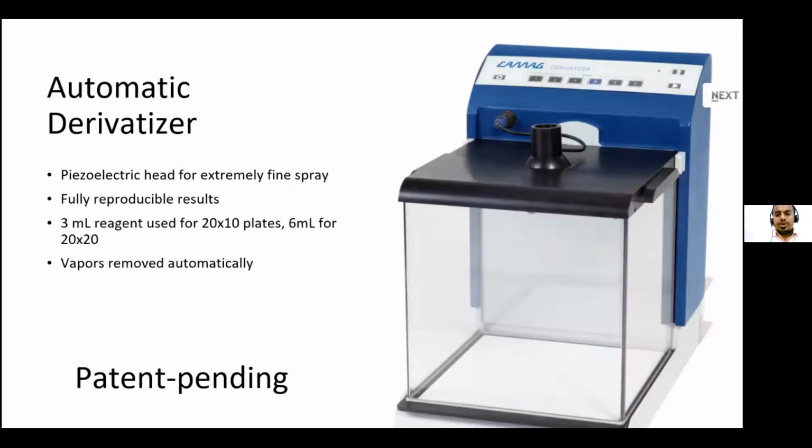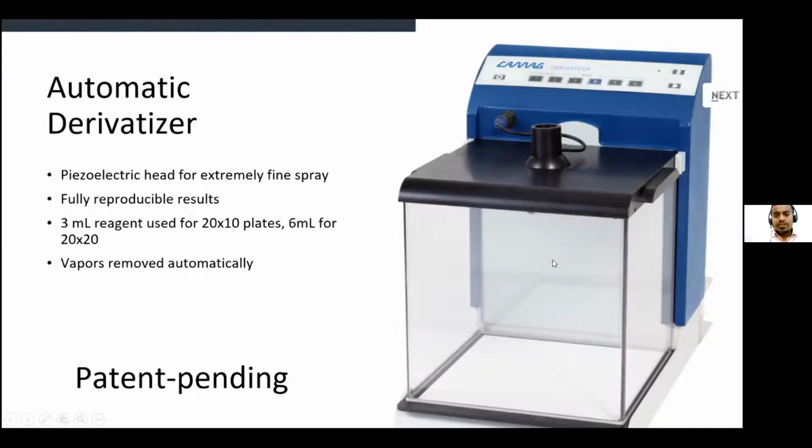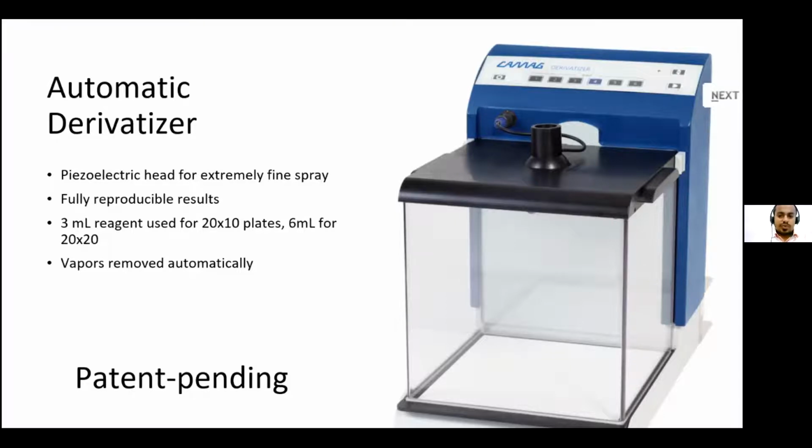This is the automatic derivatizer, which uses a piezoelectric head, which will convert the bigger droplets into fine mist, and that fine mist will be sprayed onto the plate. In this hood, the spraying of derivatizing reagent is done automatically, and after the spraying is done, the hazardous fumes will be aspirated into the bottle which is present, and it will ensure that the analyst will not inhale any hazardous fumes.